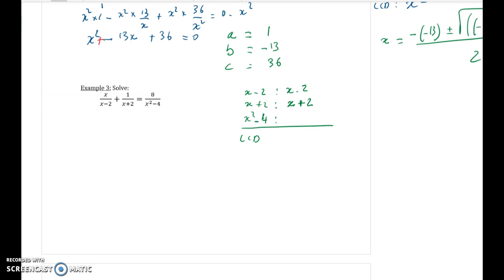Now, x squared minus 4 reminds me that it looks like a squared minus b squared, as 4 is 2 squared. Therefore, I know that it's going to be x plus 2 times x minus 2. And I end up with x plus 2 times x minus 2 as my LCD.